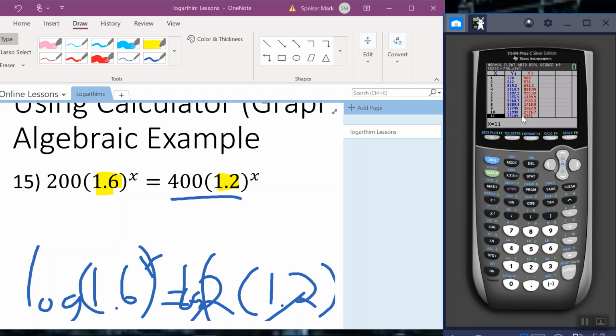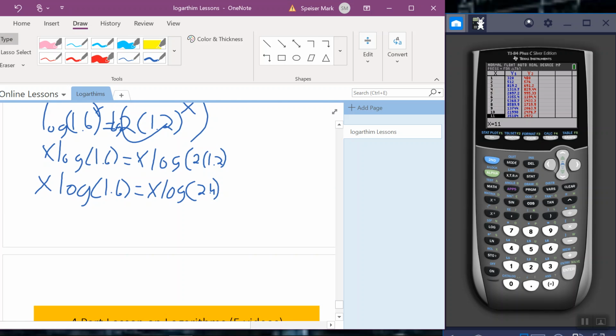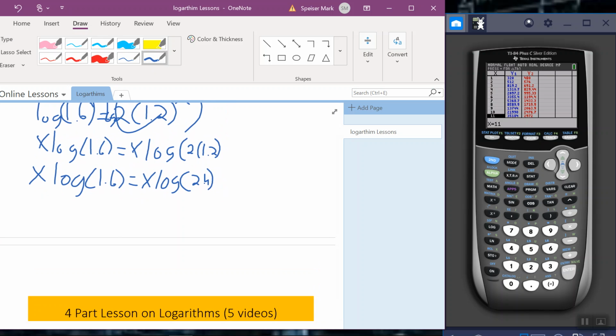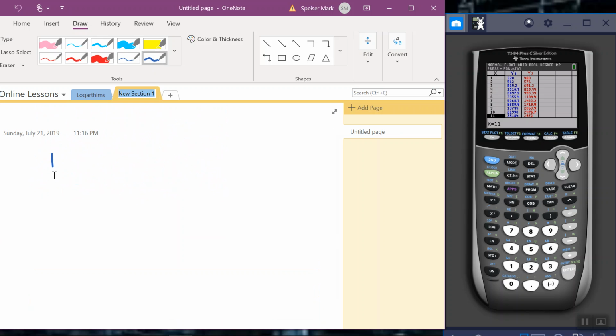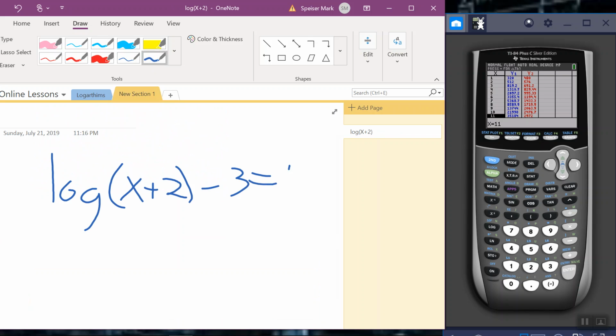Now, one more example. What happens if they ask you to solve for x inside a logarithm? Say it's something like this: log base 3 of x plus 2, minus 3 equals 10.